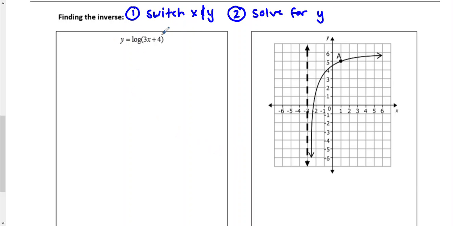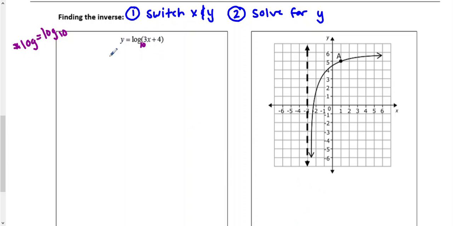So for this first one, y equals log of 3x plus 4. Here's a side note you want to take, that whenever you see a log without a base, that really means log with a base of 10. So anytime you don't see that little number, it's really a base of 10.